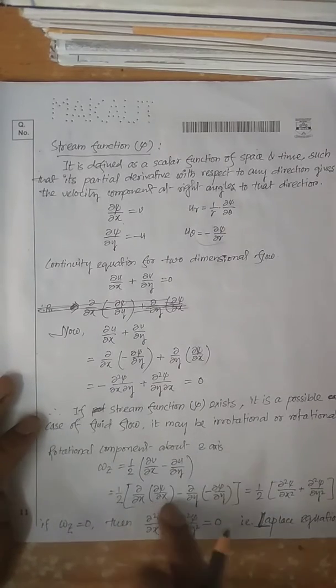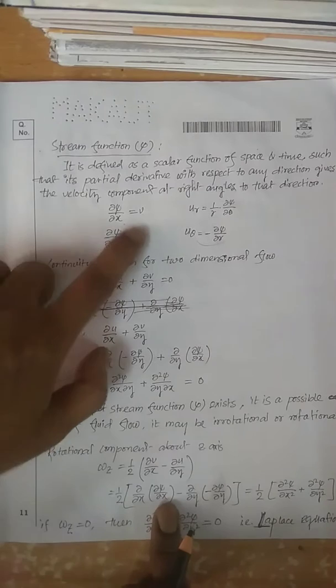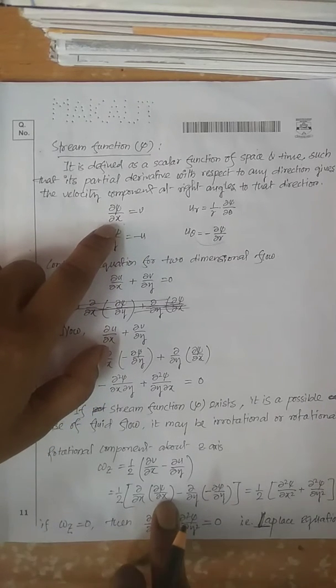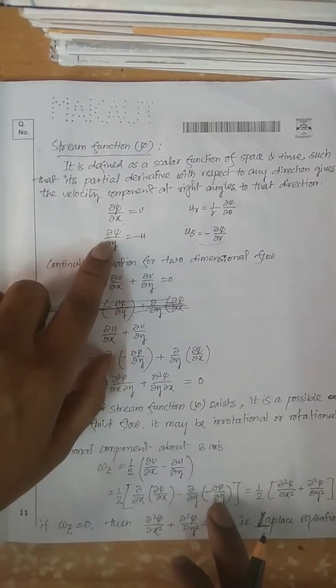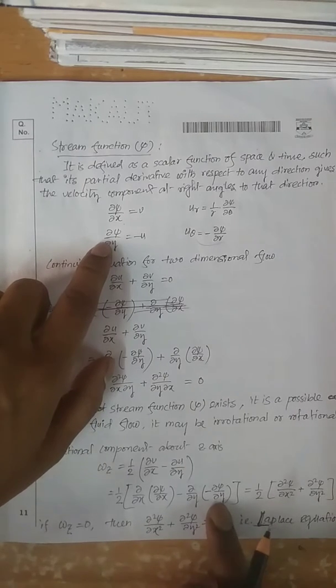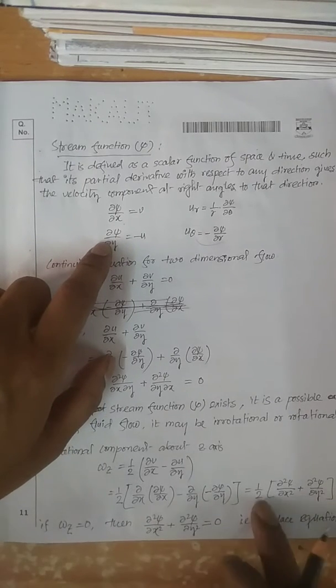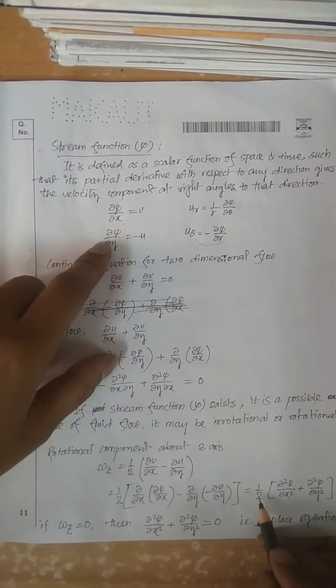In place of v, you can write del psi del x, and in place of u, you can write minus del psi del y. So that should be equal to like this.